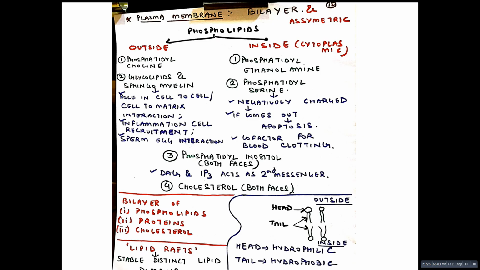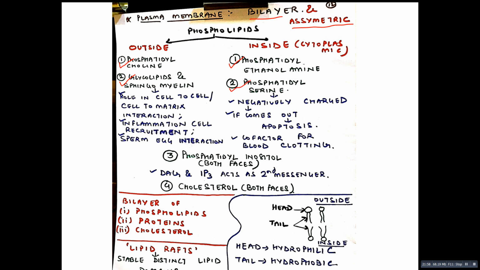Now, the phospholipids on the outer side, as we have discussed, are phosphatidylcholine and glycolipids and sphingomyelin, whereas on the inner aspect we are having phosphatidylethanolamine and phosphatidylserine. Now, the function of glycolipids and sphingomyelin is they have a role in cell to cell or cell to matrix interaction. They also play a role in inflammatory cell recruitment and sperm egg interaction.